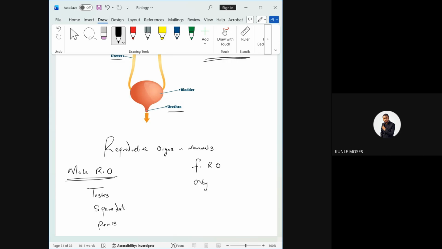So another assignment is that you go and know the functions of all the reproductive organs. For the male, know the function of the testes, the sperm duct, the penis; and for the female, the ovary, the oviduct, the uterus, and the vagina. Is that taken? Please write it down. Let's move to the first question.